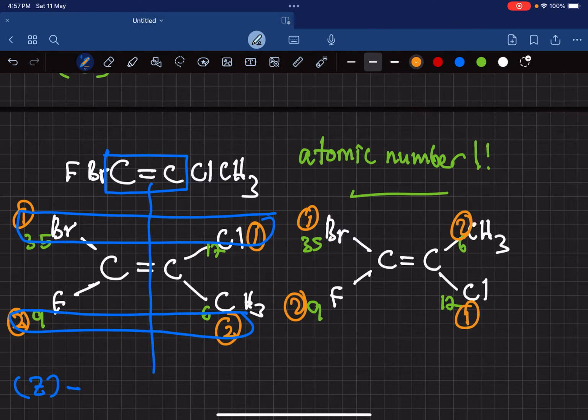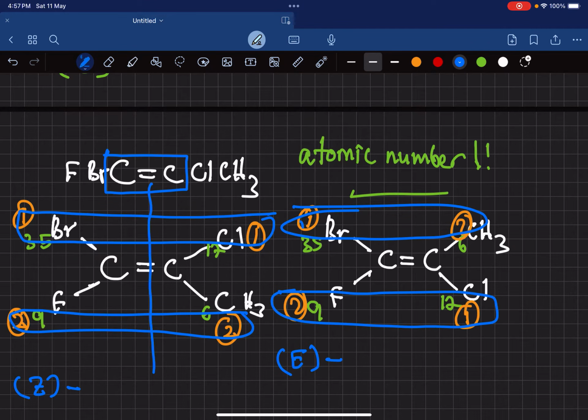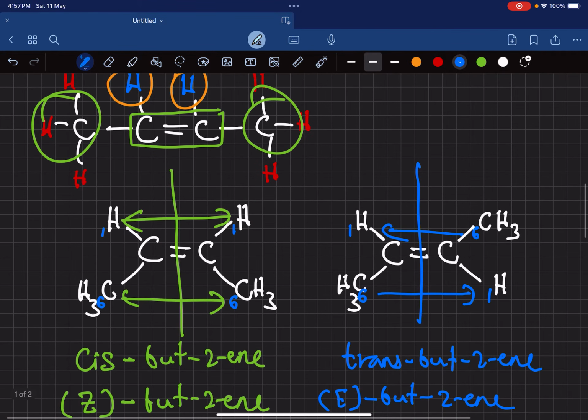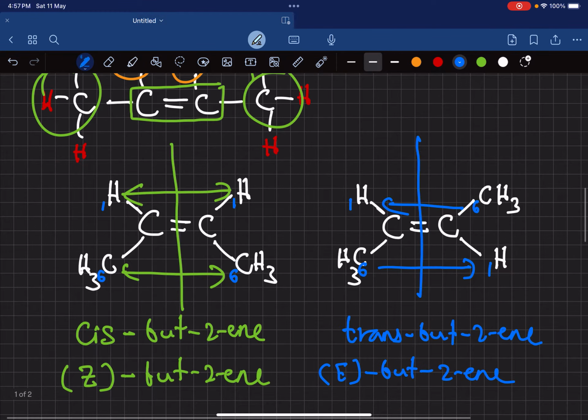So now you realize, big facing small, small facing big. This is called E, entgegen. Okay, E whatever. So I hope you know this. If you don't know this, please watch this video 10 times more. Okay, all right, so we're going to come back to this again. So this would be your geometric isomers. Your cis and trans will be your geometric isomers.